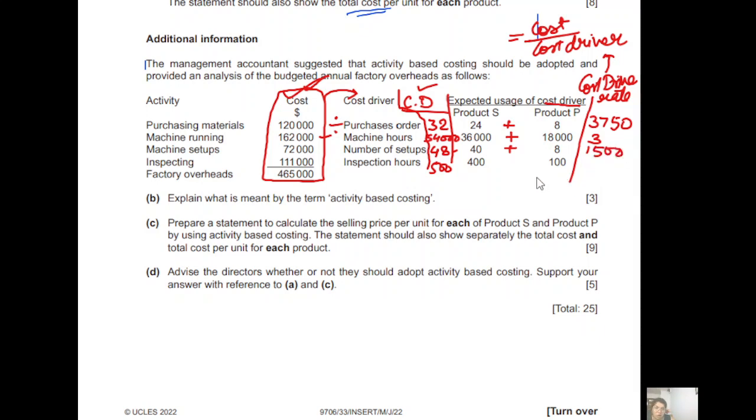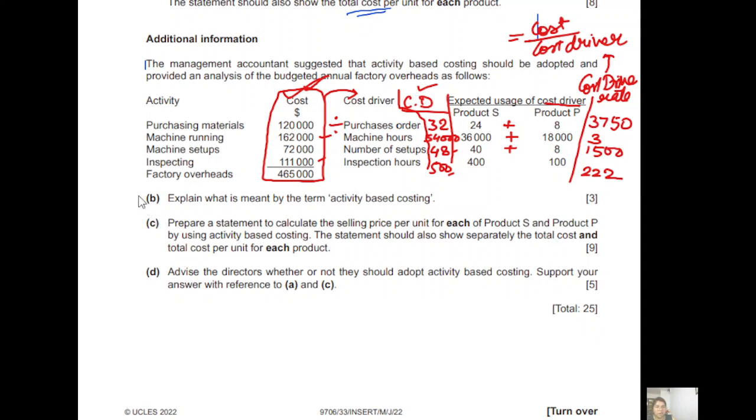And the cost driver rate for inspection hour, the cost driver is 500. So 1,110,000 divided by 500 is 222. So the cost driver rate is in front of you.